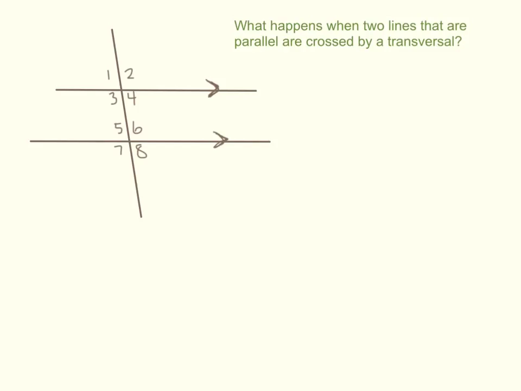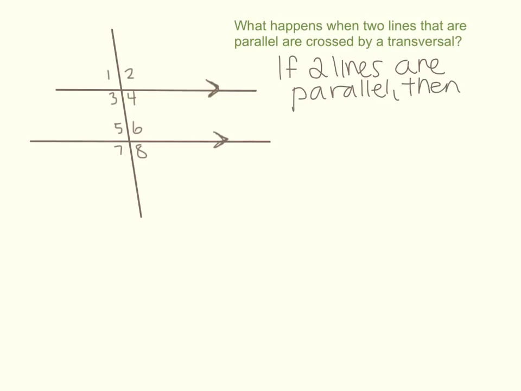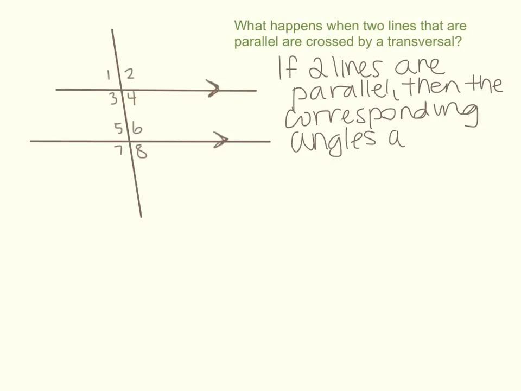So if two lines are parallel, then the corresponding angles, obviously when we're cutting it with a transversal, are congruent. Okay, so that means that angle 2 and angle 6 have to be congruent, right? That's what we know. So angle 2 is congruent to angle 6.